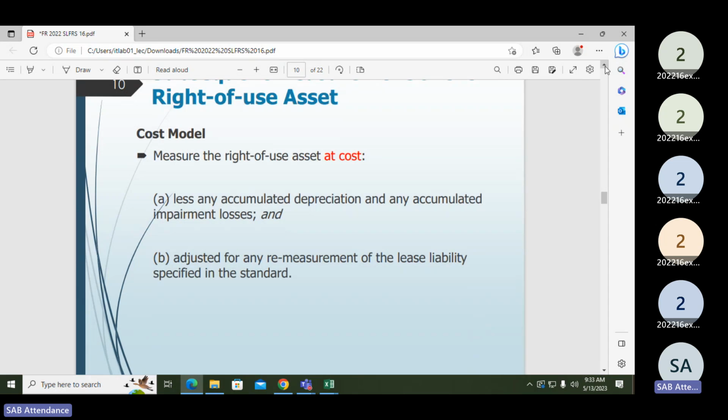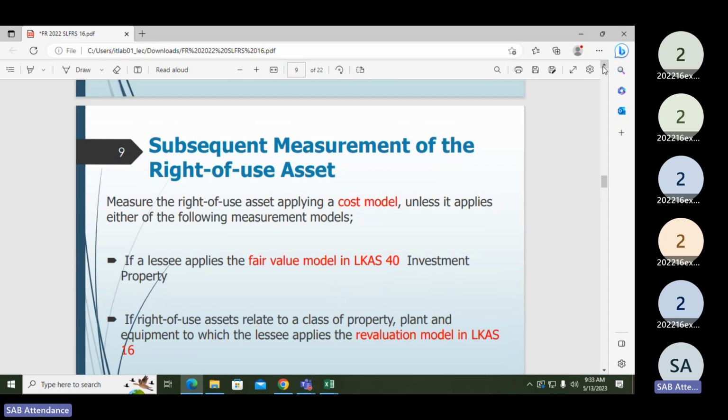So under the cost model, you depreciate for the useful life normally. But if the ownership does not transfer, you have to take the earlier of useful life or lease term.